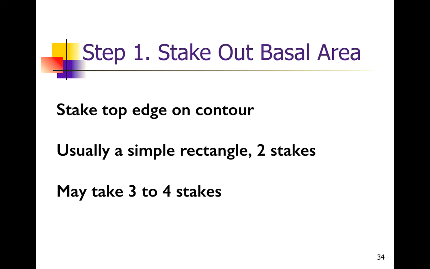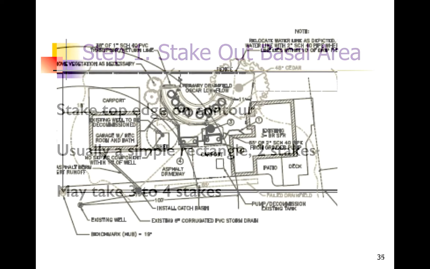First, we want to stake out the basal area. If we're on some kind of a slope, we'll want to stake out the top edge along the contour. Most systems are going to be just a straight rectangle, right along the contour. Sometimes, though, we have a curved contour, and so we've got to do a little bit more in staking. It may take 3 or 4 or more stakes along the upper contour to establish that contour line.